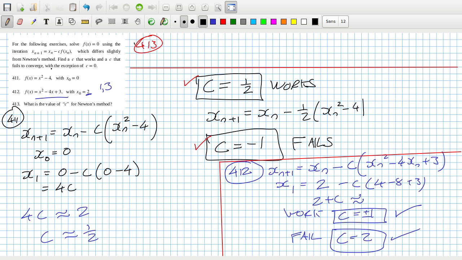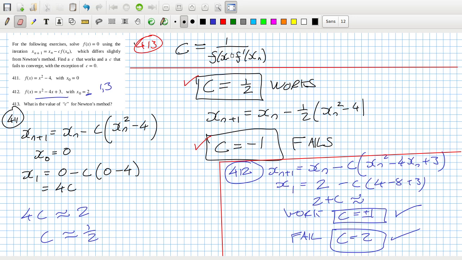What value c for Newton's method? Well, the c equals 1. Good question. I guess it's kind of like 1 over f'(xn).